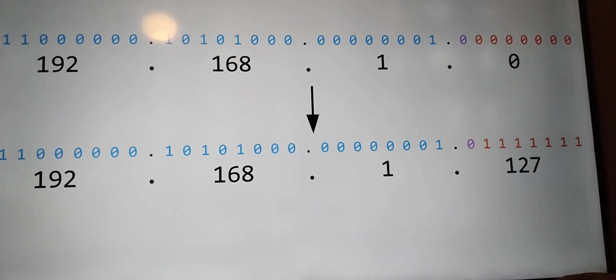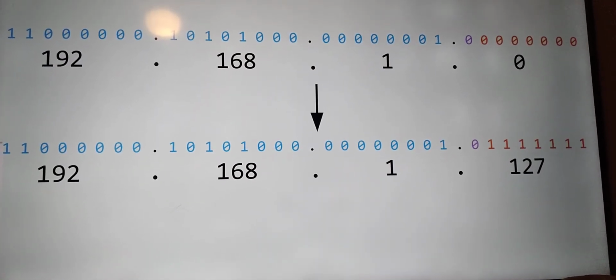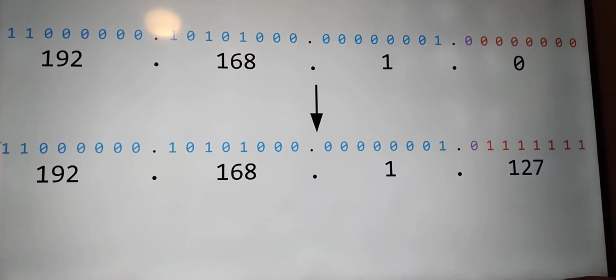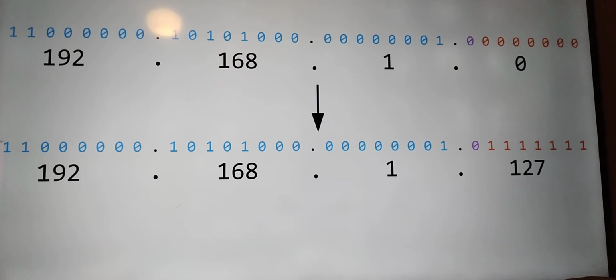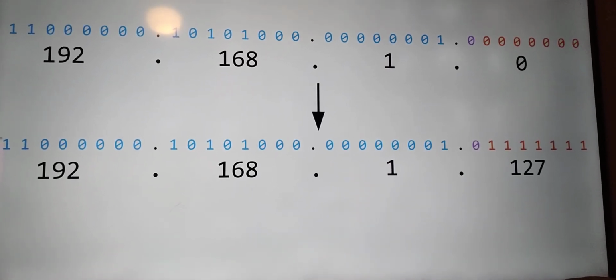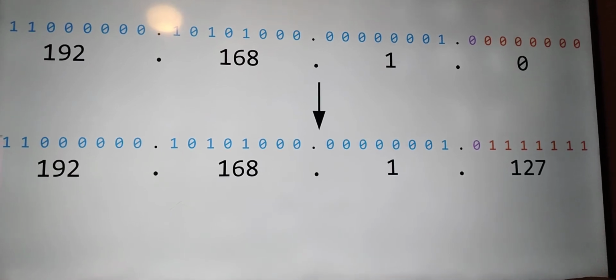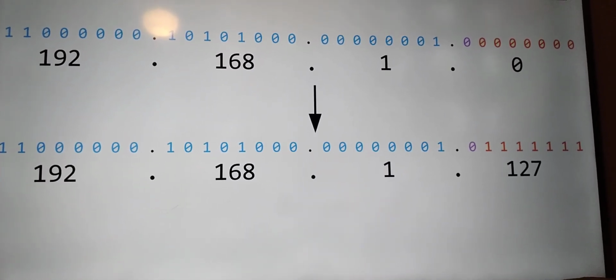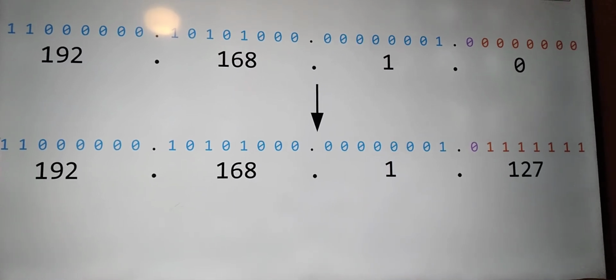So we should decide to use a /25 prefix length. Why? Glad you asked. A /25 prefix length leaves 7 host bits, which means a total of 128 addresses, so 126 usable host addresses.